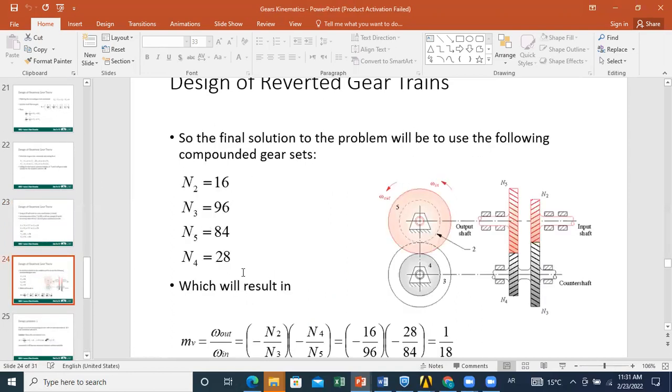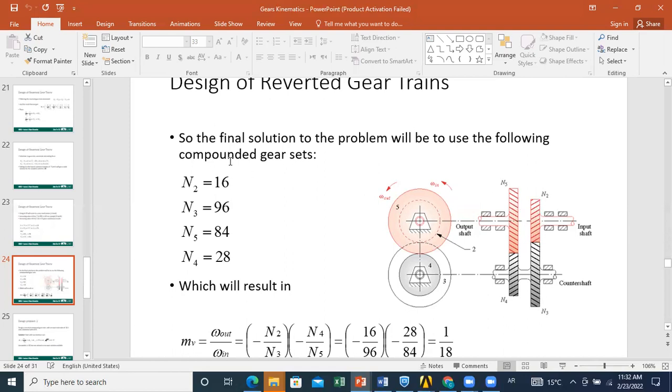Okay, now if we want, as we said, if we want to have a gear ratio of 18, we put 5 as input or 2 as output. And if we want to have a gear ratio of 1/18, then the pinion is the input, N2 is the input and N5 is the output.